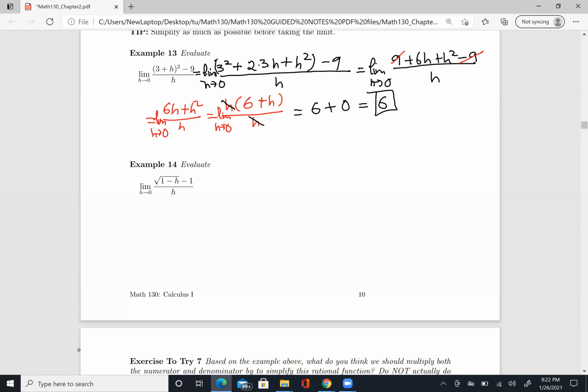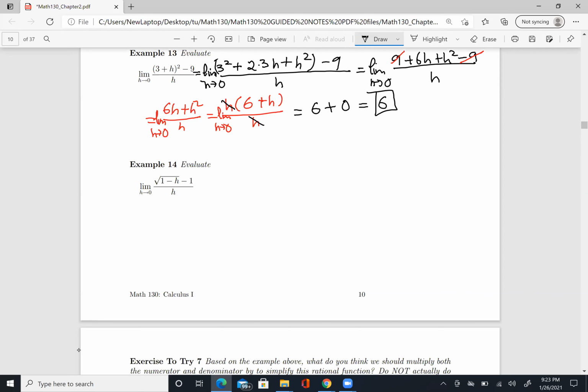Okay. So now, what about we evaluate the limit of square root of 1 minus h, minus 1, divided by h. And remember that in this case, again, since we have h at the bottom, the domain does not include h equals 0, right?